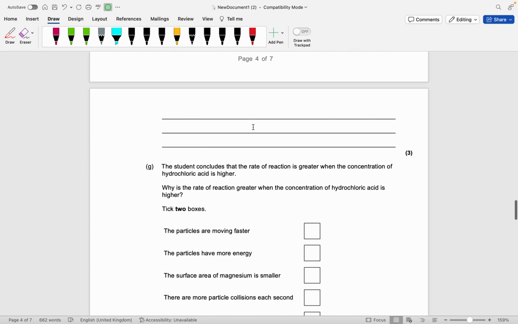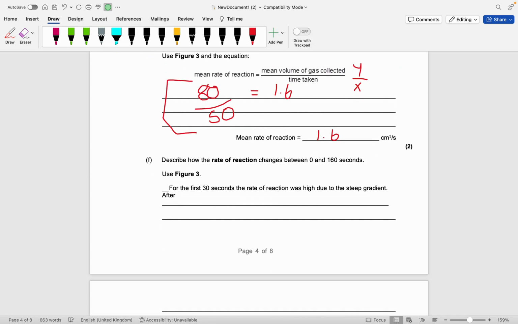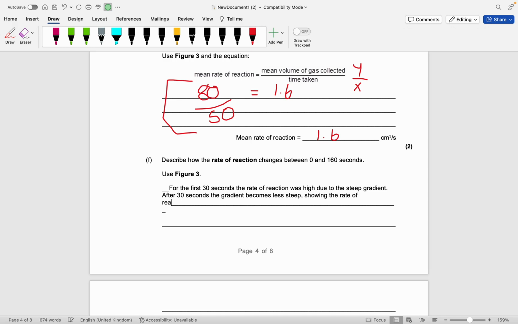So we're going to say, after 30 seconds the gradient becomes less steep, showing the rate of reaction has decreased, so the reaction's gone slower.